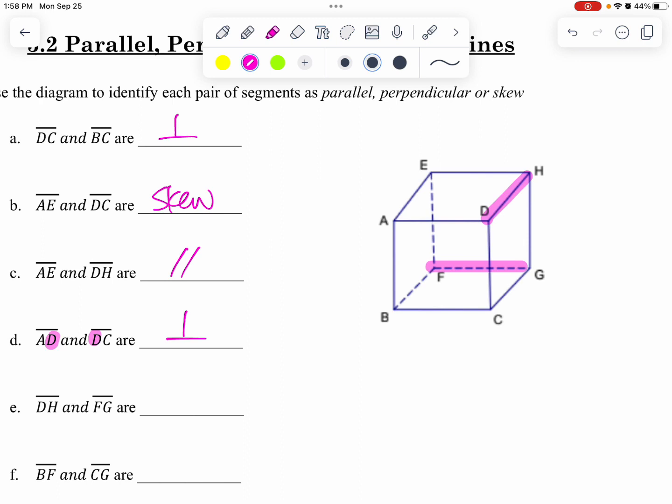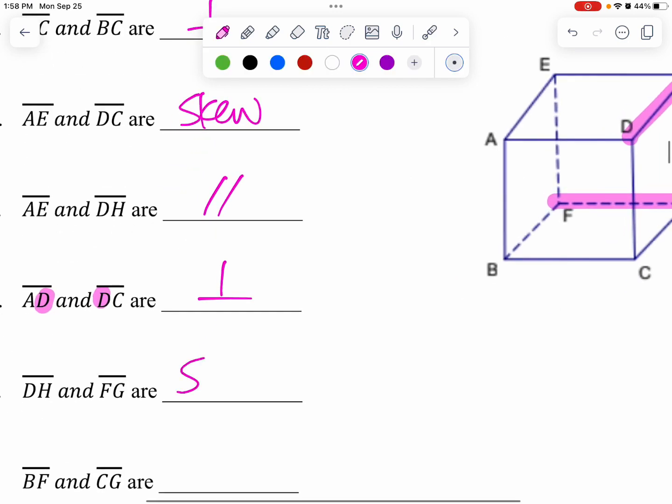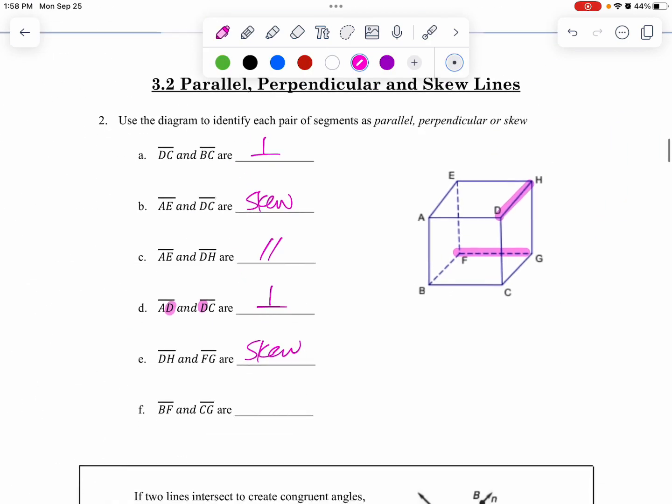I believe those are on different planes and they're going different directions. FG is on this back wall right here and DH is on this side wall right here. So those are actually different planes going different directions. One's going this direction, one's going this direction. So those are skew.